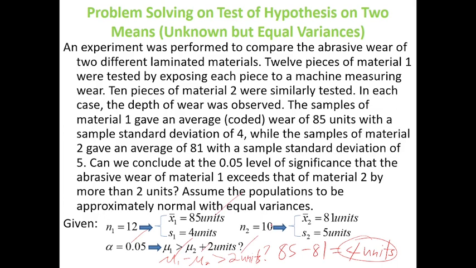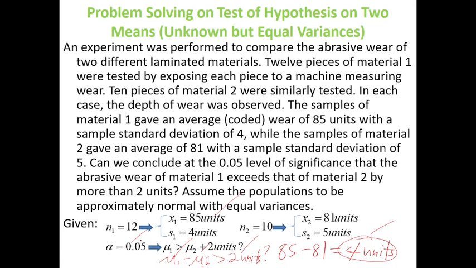Since we get 4 units, can we then conclude that the difference between the two population means is greater than 2 units at a 0.05 level of significance?